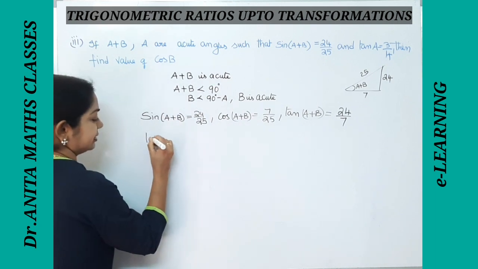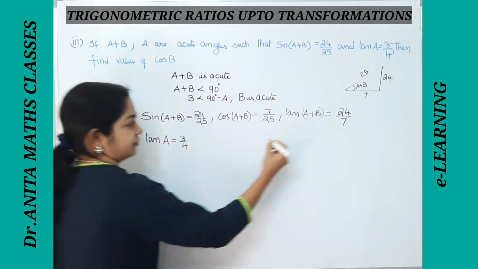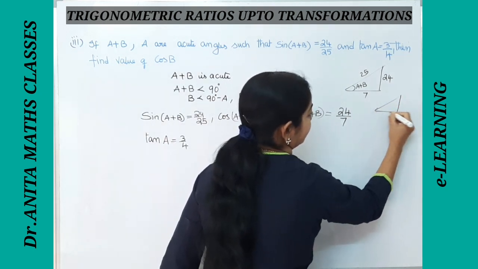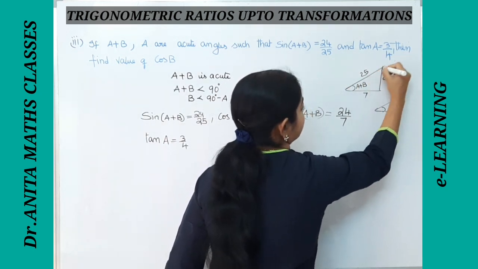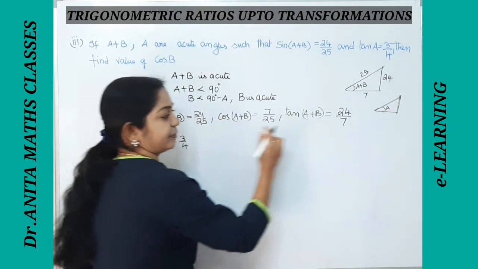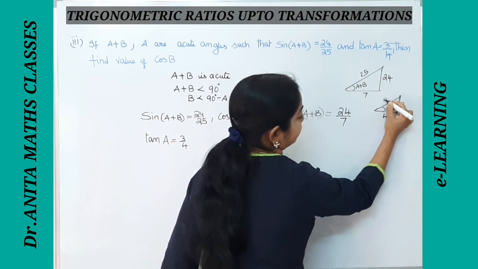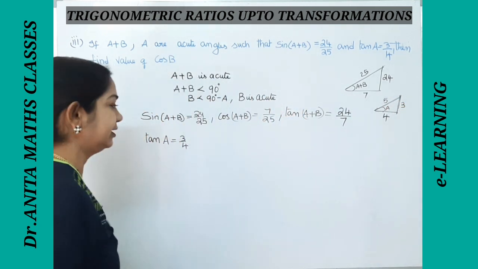Now the tan A value, A is clearly acute, given. If you see the diagram here, if I suppose this as A, given 3 upon 4, the hypotenuse will be 5.